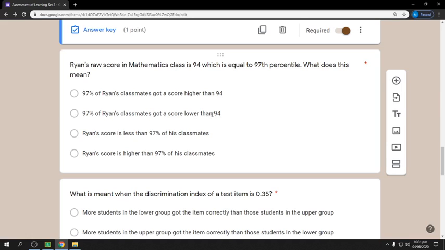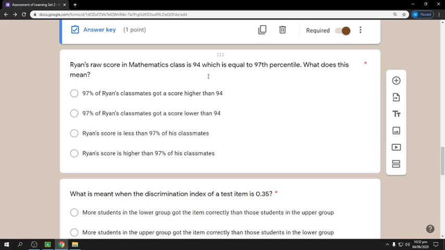By the way, going back to what I mentioned earlier, percentile is different from percentage. When you say percentage, we simply divide the score over the total items. So it's 94 over 100, so that's 94%. But when you say percentile, we're talking about the learner's position within the group. So he holds the 97th position, and the rest of the classmates are below that.